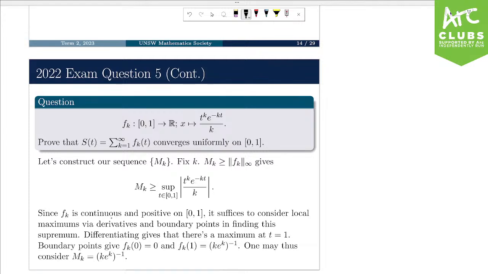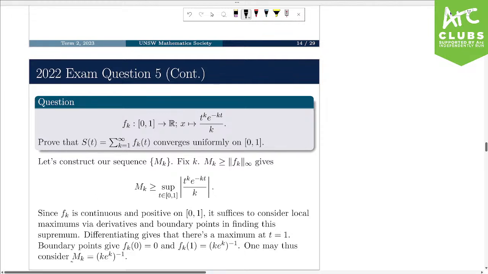It's continuous and positive. So the only points where it could reach its max are its turning points and its endpoints. And it turns out that the max happens at t equal to 1.